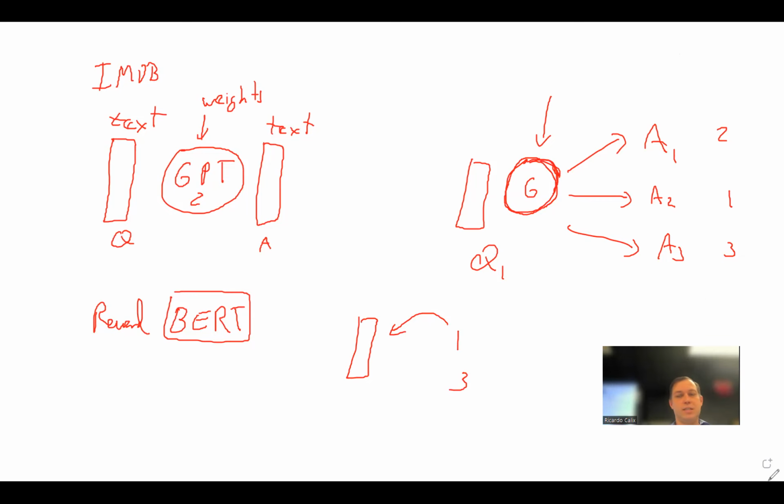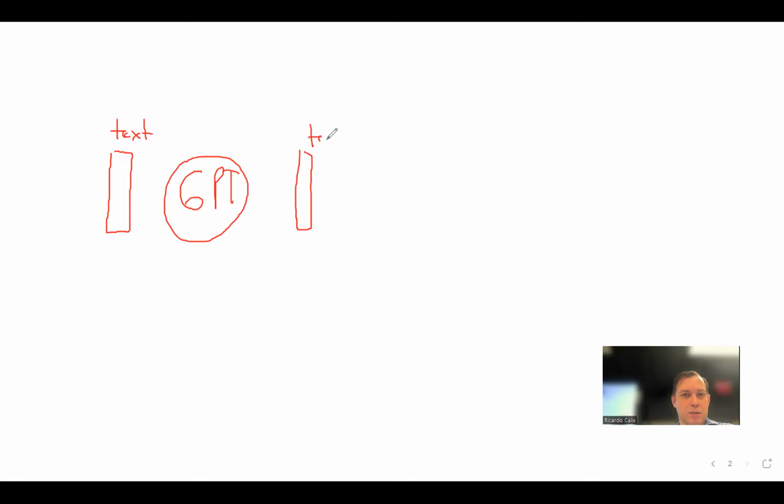Okay, so let's think a little bit about this. All right, so how did they achieve this? So the basic idea in the RLHF is something like this. You have some text, you have a GPT, and this GPT generates some text, right?